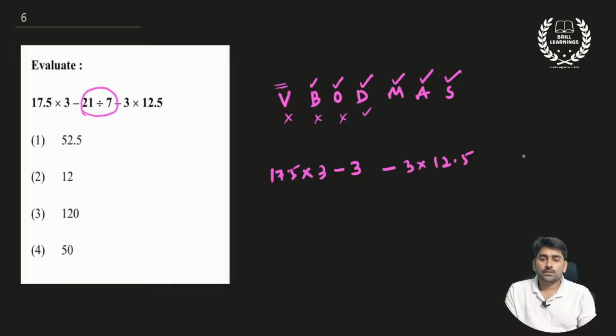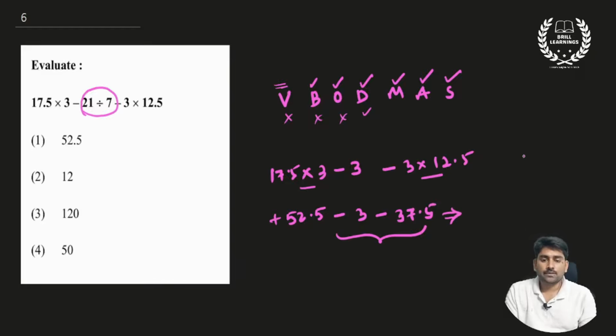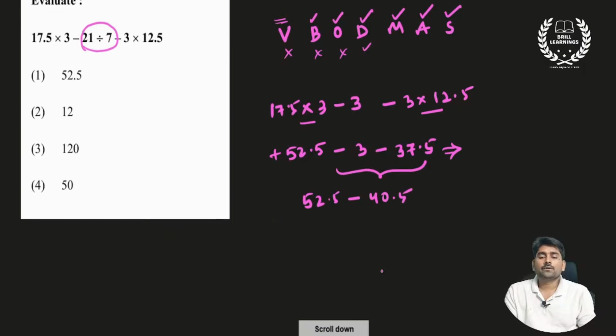Now we have multiplication on both sides, so multiply them. 17 3s are 51, 51 plus 1.5, so 52.5, minus 3 into 12, 12 3s are 36, 36 plus 1.5, 37.5. Then what is the answer? 12. 12 is the answer.